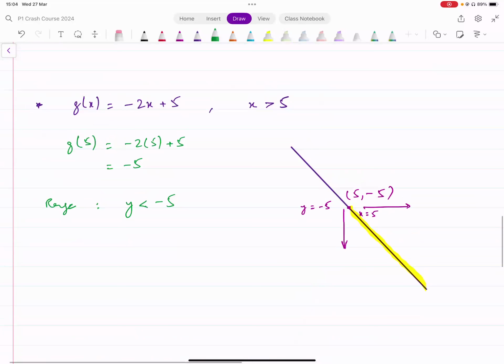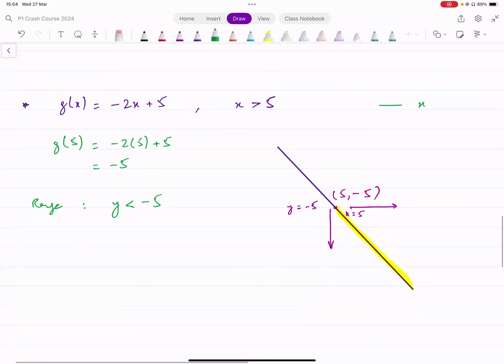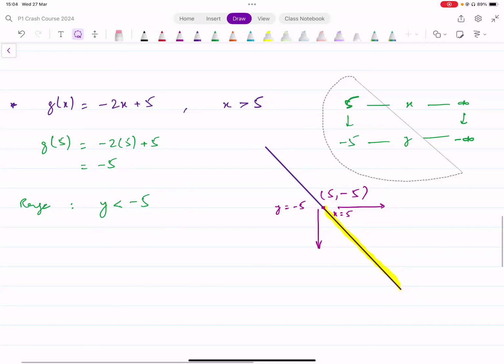For example, if you had this, x is from 5 to infinity, you could try inputting 5. 5 gives you y as minus 5, and if you input infinity here, the y value is going to be a very large negative value. That's negative infinity. So the range would be between negative infinity and negative 5. You could say that's y less than or equal to minus 5.